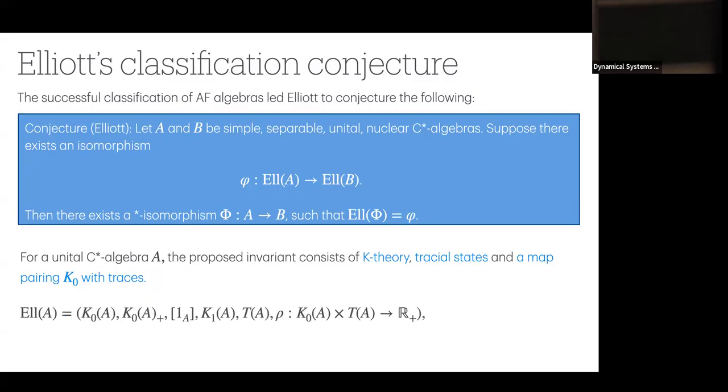So it's usually written as this sort of sextuple. Again, don't worry too much. The point is that we'd have an invariant. Okay, we have a potential invariant. It's potentially-ish computable. Tracial states might be a problem, but okay. And yeah, so this was rather bold since basically only the AF algebras were done, but then similar techniques were used to classify other things coming from inductive limits that were a bit more general.